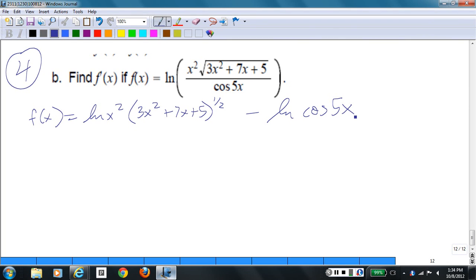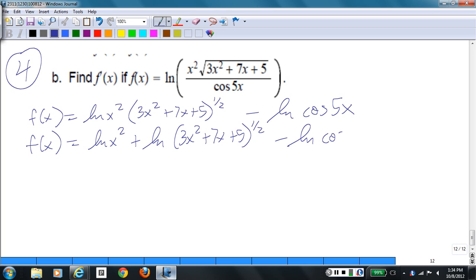Basically, log of the numerator minus log of the denominator. F of x, no derivatives yet. Log of the product equals the sum of the logs. Log of x squared plus the log of 3x squared plus 7x plus 5 to the 1/2. Can't really do anything with that cosine of 5x. Just kind of stuck with that. Natural log of cosine of 5x.